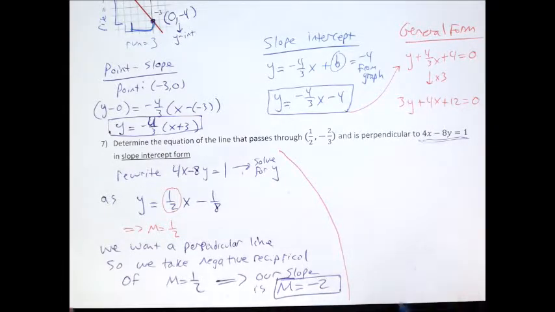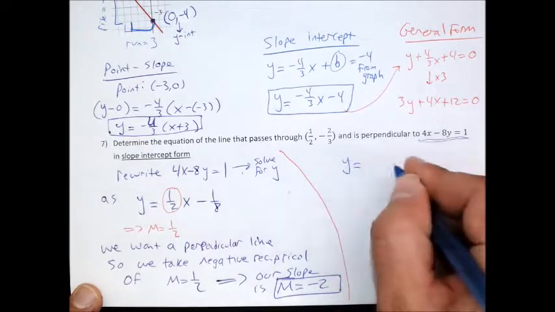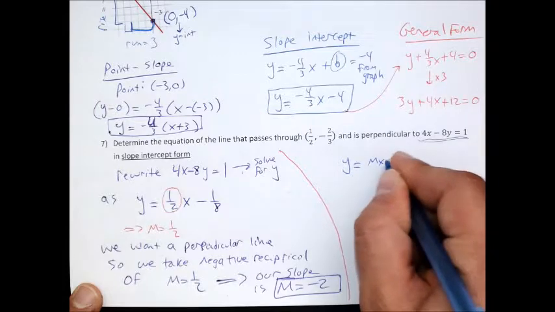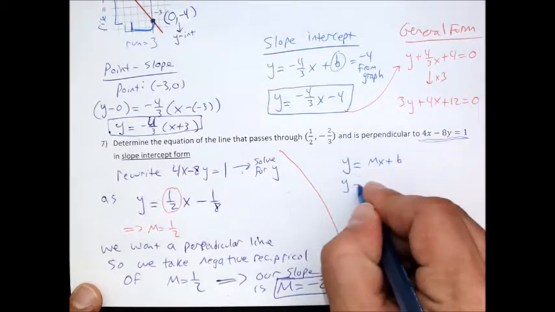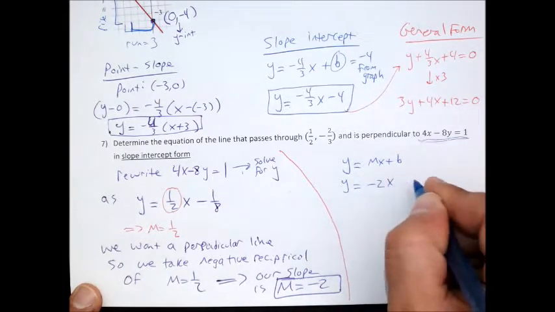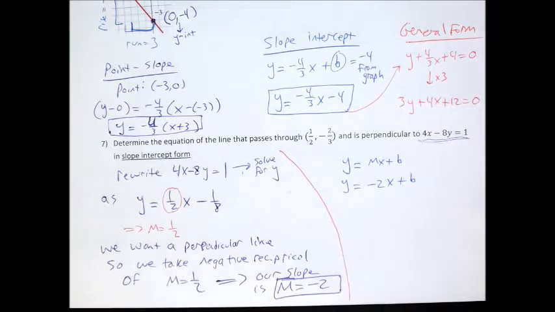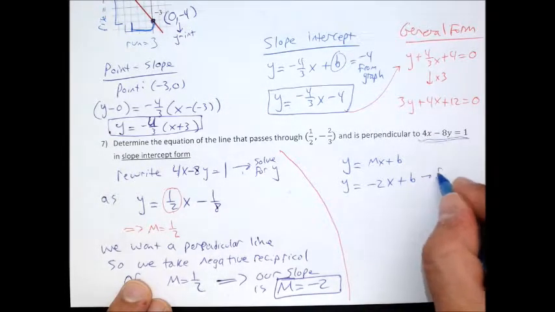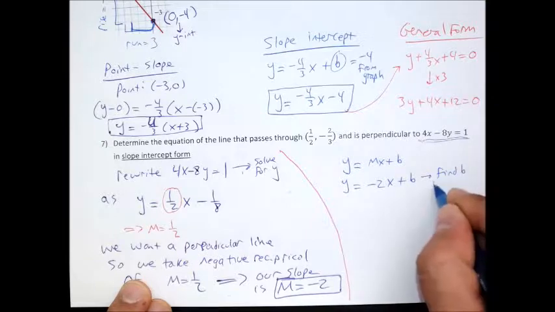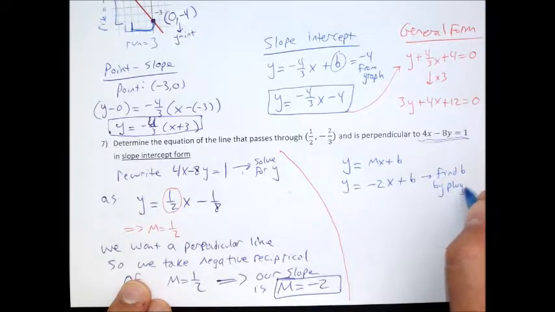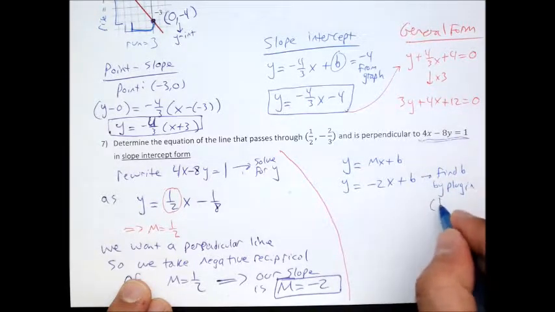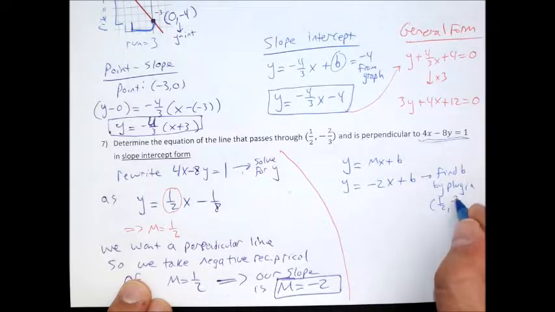Anyway, we're getting close. So we have the slope. We know that it's going to be y equals mx plus b. And so far we have the slope. So we have y equals minus 2x plus b. And we need to find b by plugging in the point 1/2 comma minus 2/3.